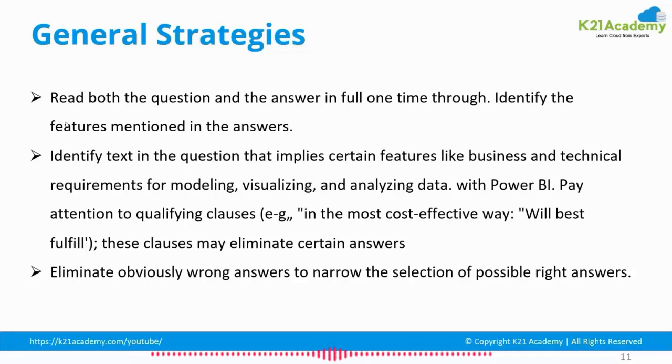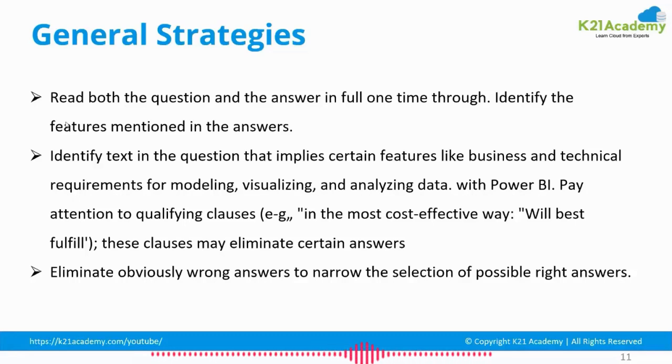So what they are saying is that if you focus on a few specific things mentioned in the question, then eventually you'll be able to eliminate a few options, and you will see what we are talking about once you experience the questions which we'll be discussing.